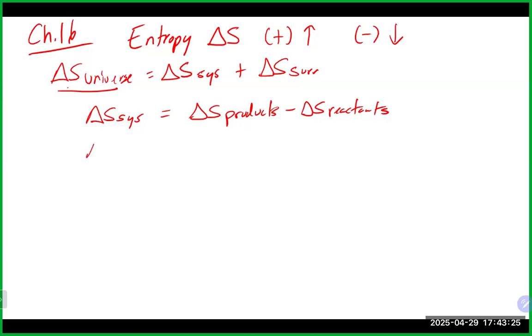Remember that the delta S of surroundings is related to the delta H, or the enthalpy of the reaction, and the temperature, and they have this sort of opposite relationship.